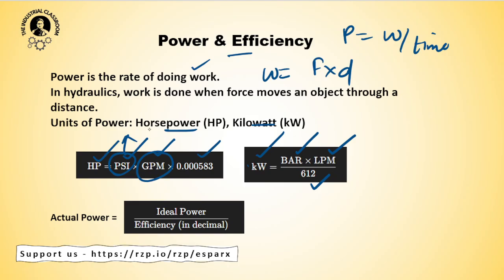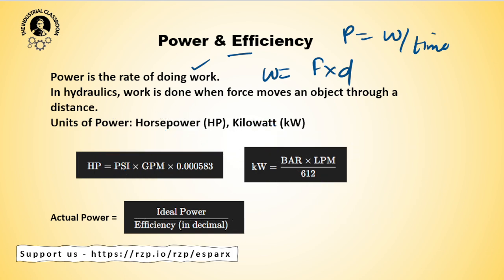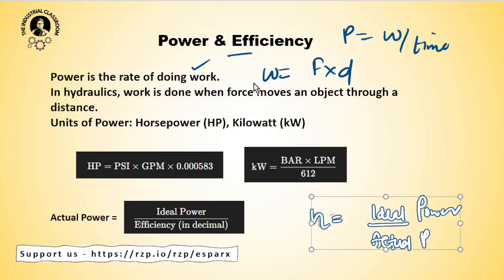Okay, but how are these calculated? I have provided a simple option. Now we also know that the efficiency of any hydraulic machine is equal to ideal power divided by actual power. Actually, I think there is a mistake here. The efficiency is not this.